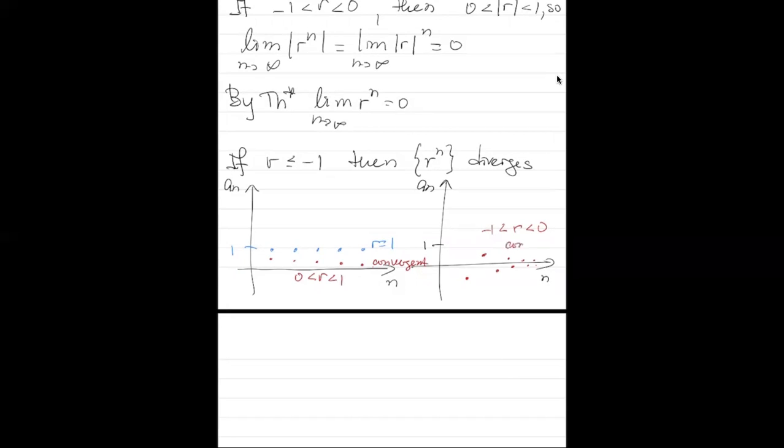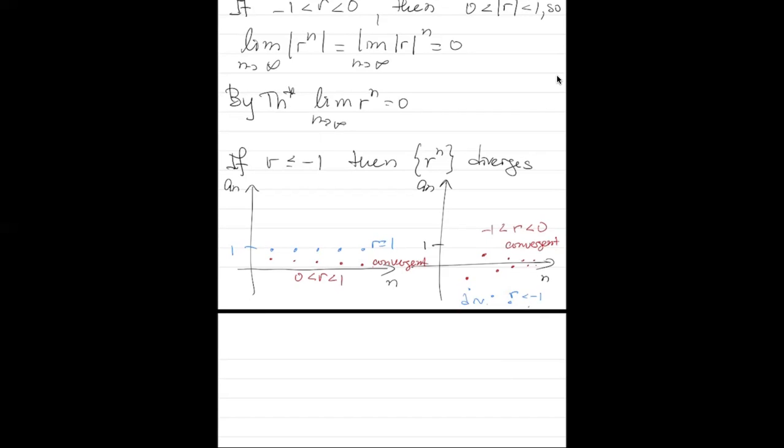So this is convergent, that case. And the case when r is less than -1, then the elements are going further apart. r is less than -1, and this is a divergent case.